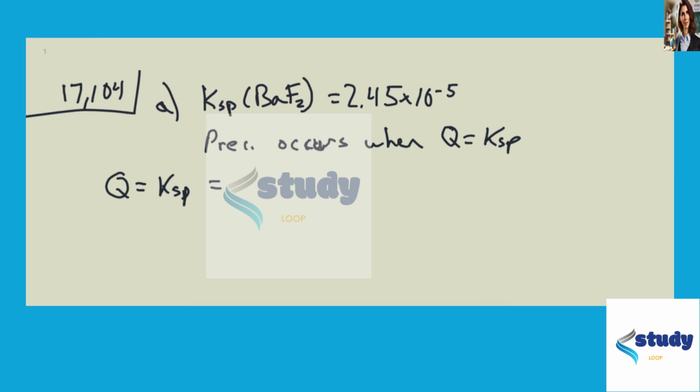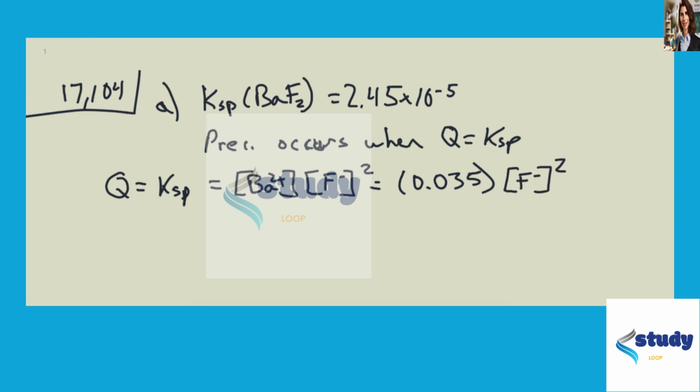4S cubed, or better yet, we'll say it like this: barium concentration times fluoride concentration squared. Now, we're given the barium concentration from the beginning as 0.035, and of course the fluoride concentration is what we're solving for.